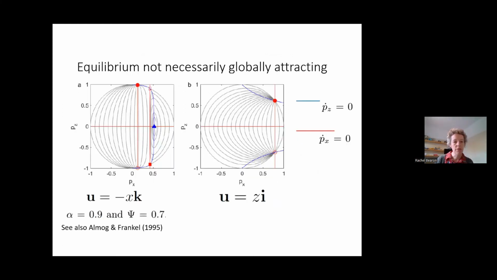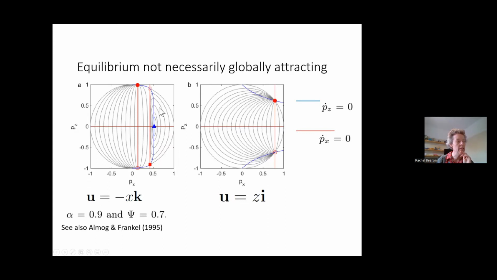So one of the new results that we found when we dug into that is that if you have vertical flow, where the flow field is a linear shear in this direction, there are regions of parameter space when you're elongated where this equilibrium, this red spot at the top swimming upwards at an angle, is not globally attracting. From the phase portrait, we see that if your initial condition is to the right of this red nullcline, you undergo orbit solutions.